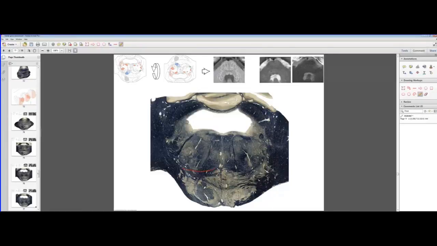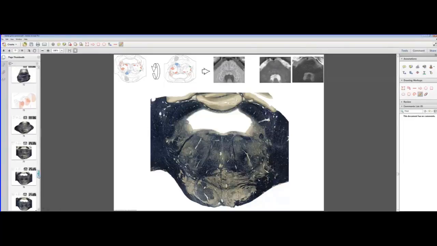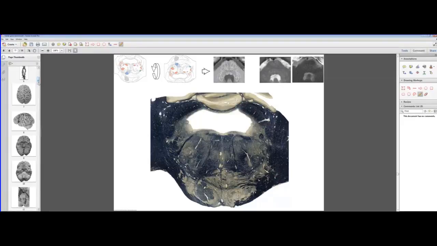I think that was one issue I was having, actually visualizing where the structures are in the brain slices when they're not marked with the blue lines that indicate where all of the nuclei and tracts are.